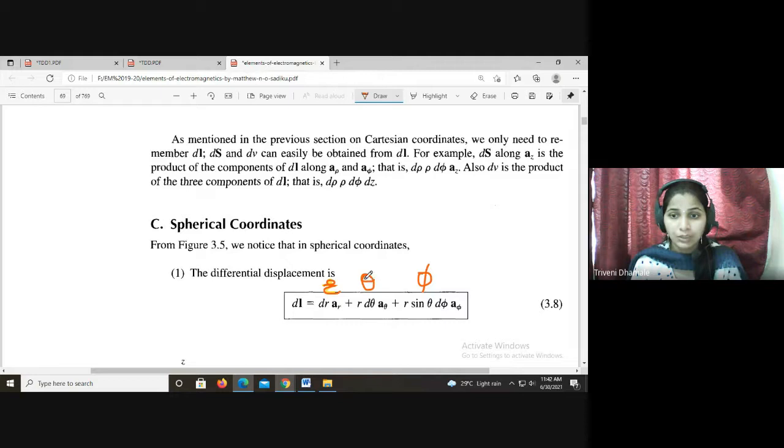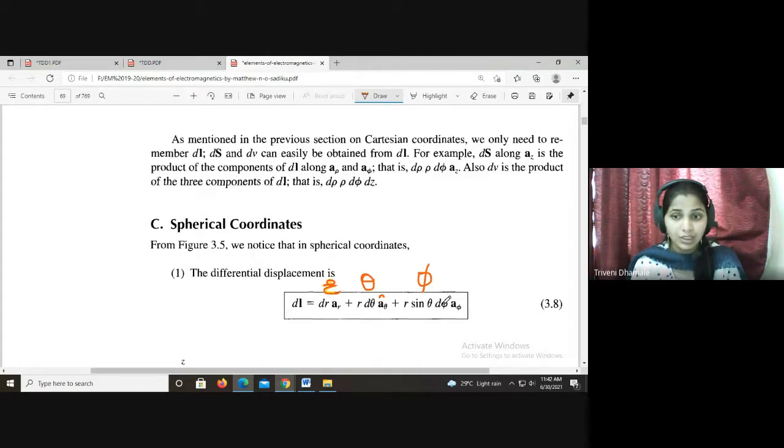But in case of theta and phi, they both are angles. So there is some change in the differential length. Theta differential length is r d theta, along a theta cap. And for phi, differential length is r sin theta d phi.